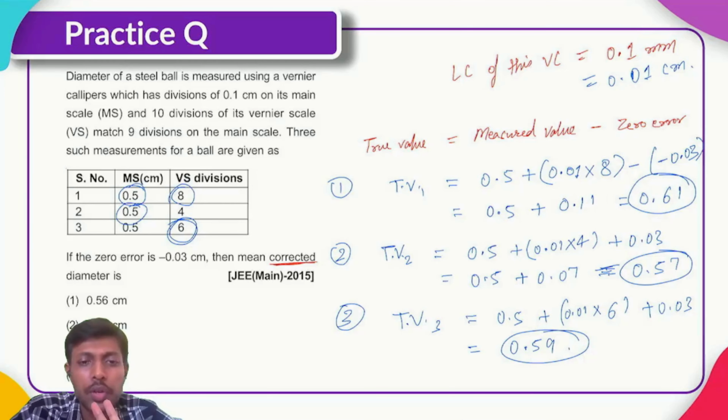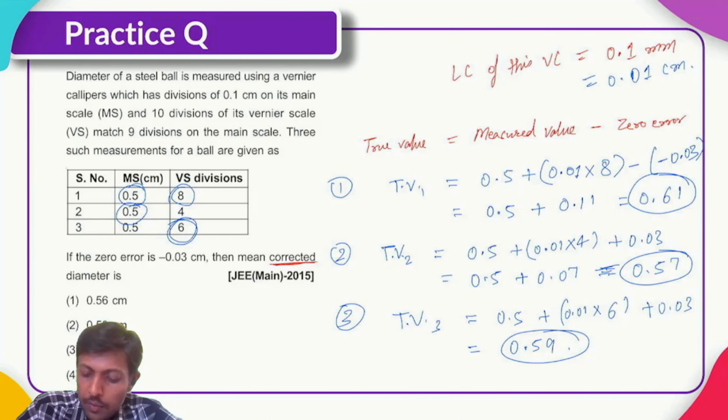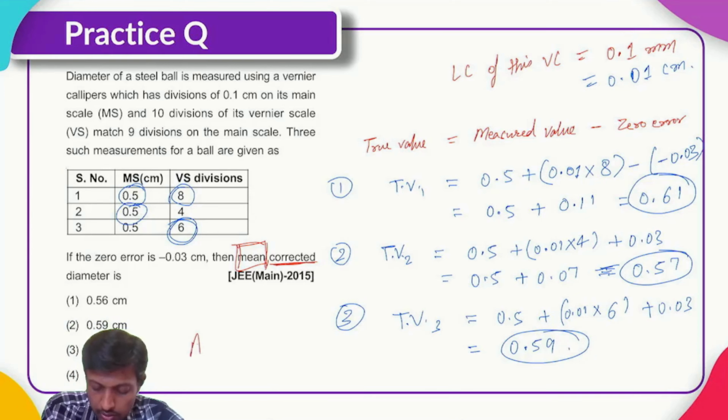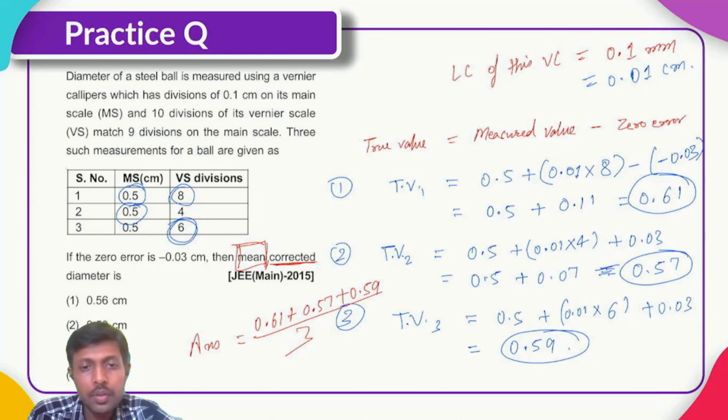We got 3 different values of diameters. These are all corrected values, but we have to find the mean corrected value. That means we have to find the average of these 3 readings. So your answer is going to be 0.61 plus 0.57 plus 0.59 upon 3.